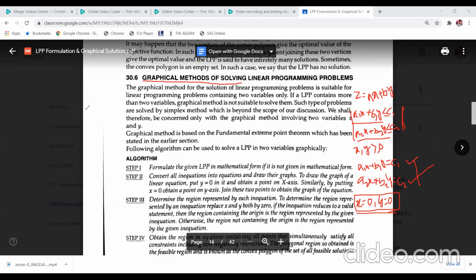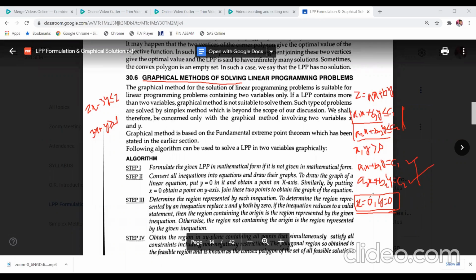That means if you have an inequation like 2x minus 3y is less than or equal to 2, and another inequation like 3x plus y is greater than or equal to 1, so suppose you have these two inequations.